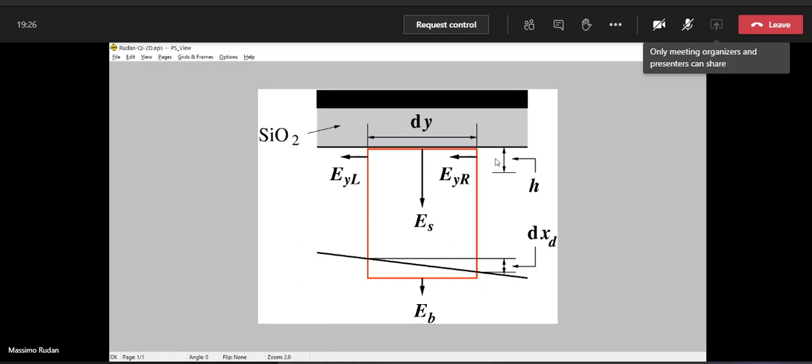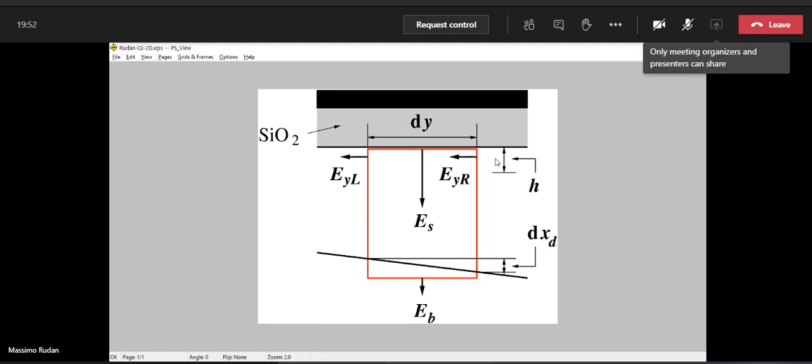So we must consider the field at the surface, normal to the surface, and as usual, we call it E sub S. So E sub S is the field in the semiconductor at the surface, at the interface with the insulator.